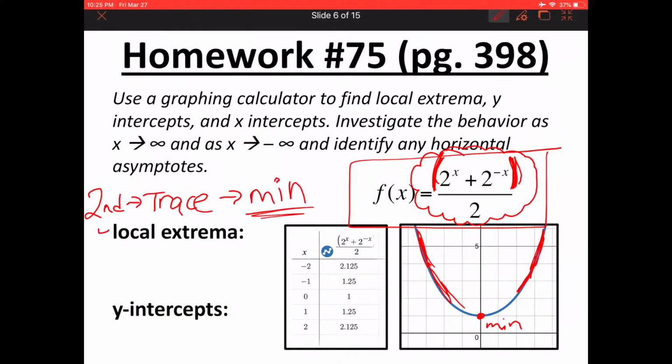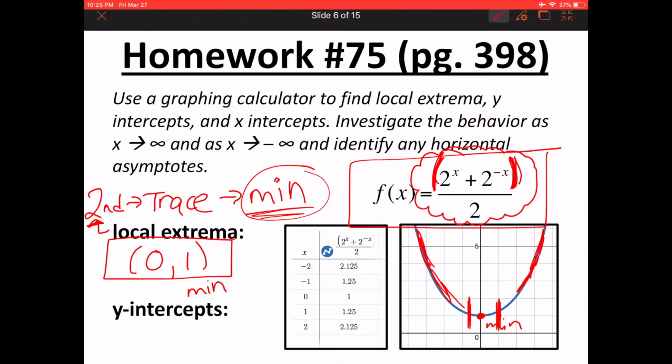So to find the local extrema, press second trace in your calculator, then select minimum. It'll ask you to go to the left of the minimum, to go to the right of the minimum, and then to guess. So you do want to guess, and when you enter that in, you will be told that the minimum is 0, 1. So my local extrema would be 0, 1. You can clarify that it's a minimum if you would like to.